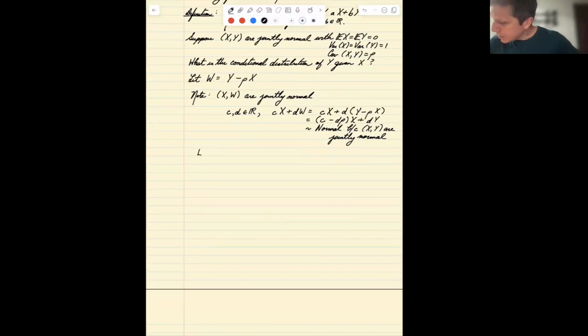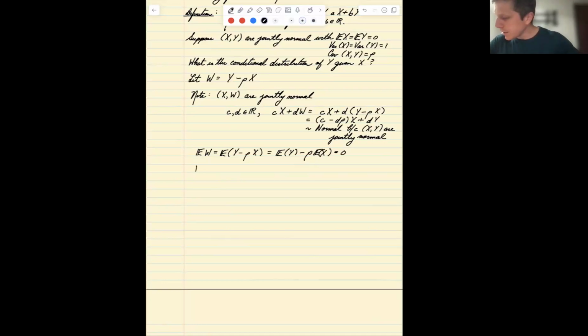The expectation of W is the expectation of Y minus rho X, which is the expectation of Y minus rho times the expectation of X. Both are mean 0, so this is 0.